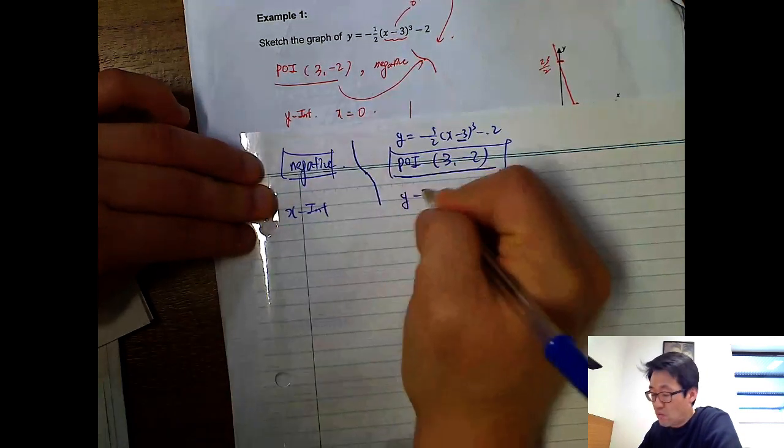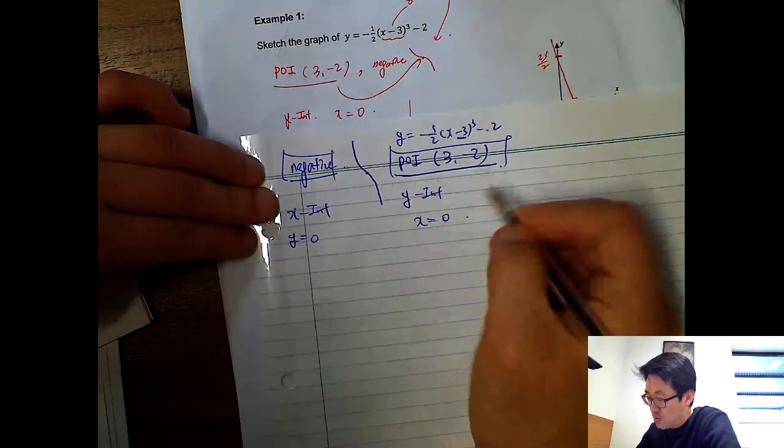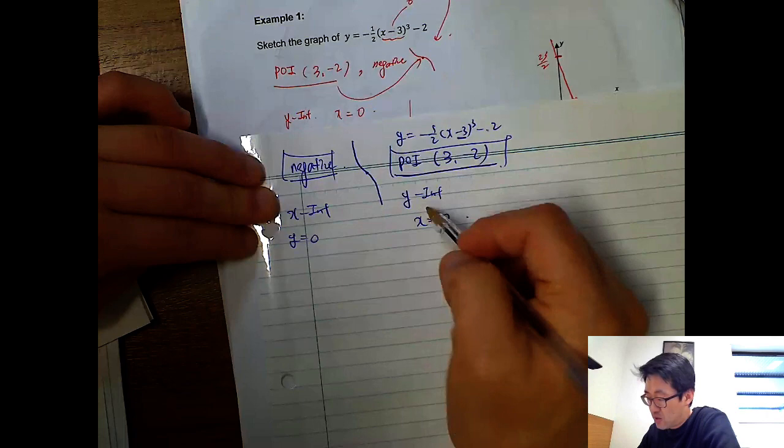The x-intercept and y-intercept: y equals 0, x equals 0. So let's do the y-intercept first.